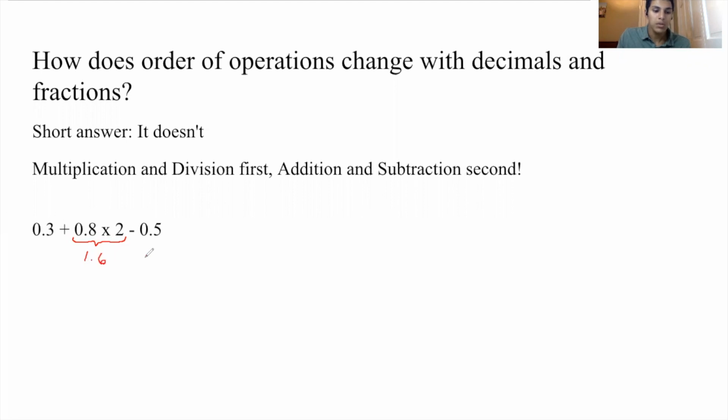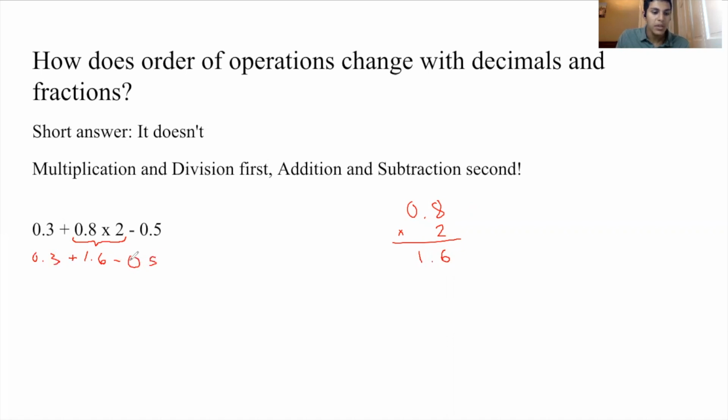A good way to multiply is to put it above each other as if you're going to normally multiply, and then do 8 times 2, which is 16, and write the last digit below and add a decimal point between. So this is 1.6. Now if we rewrite the rest of our question, we have 0.3 plus 1.6 minus 0.5.